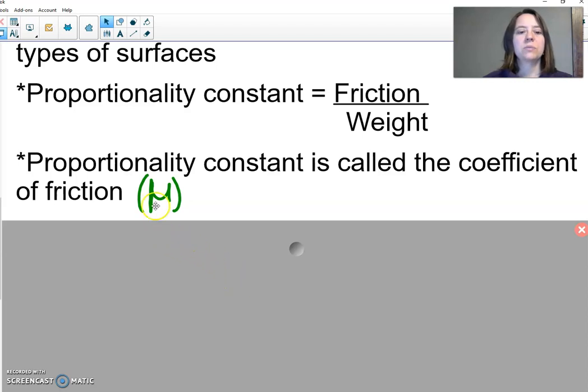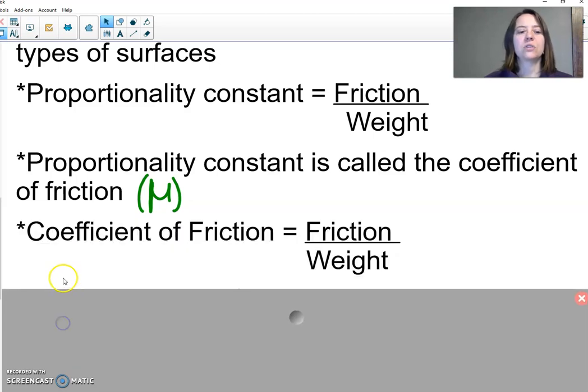That is represented by the Greek letter mu, which looks kind of like a backwards PU type letter. So the proportionality constant is called the coefficient of friction. So the coefficient of friction equals friction divided by the weight.